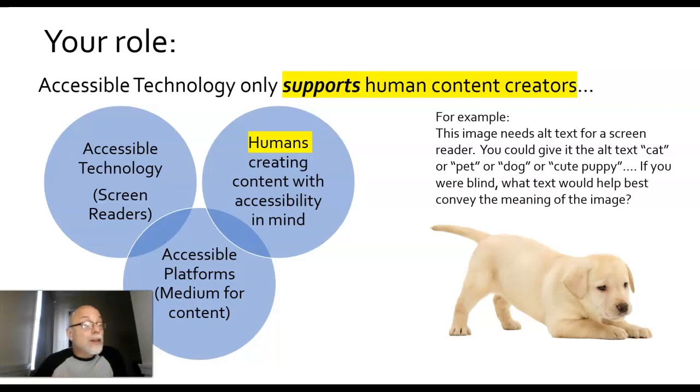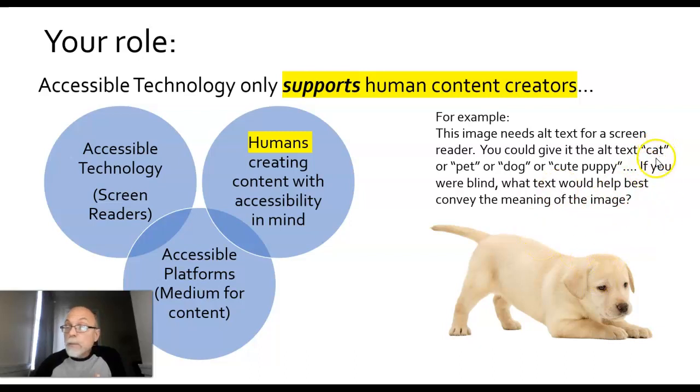If you could not see, which of those descriptions would benefit you the most, assuming that this is somehow important to the web page? Well, cute puppy is best, right? It's not a long description, but it's way better than just pet. It's a little bit more specific than dog, and of course, cat is just flat out wrong.